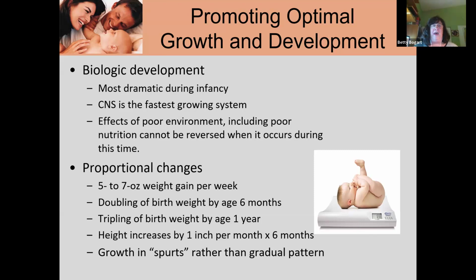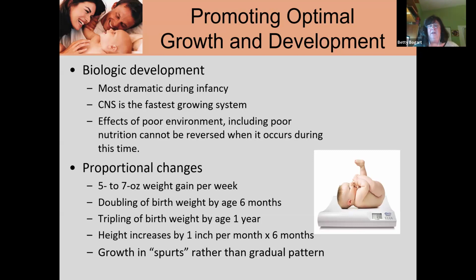And we know that if your environment and nutrition isn't what it should be, these children are not going to grow. The most important thing when we work with children, that is all about cognition and growth, is nutrition, nutrition, nutrition. If you don't fill that gas tank with gas, it's not going to run, whether it's a car or a human, especially infants.